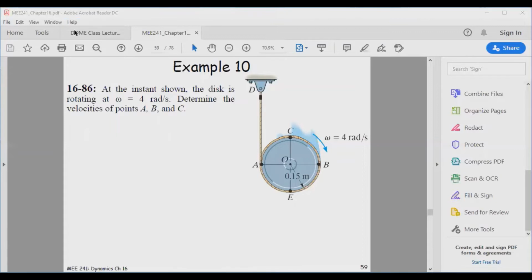Isn't A the instantaneous center of velocity? Why is point A the instantaneous center? Because it belongs to the rope as well, and it's not moving. Exactly. This is very good. So point A belongs to the rope, right? And as the rope unwraps, let's say you're actually holding point A at that instant.